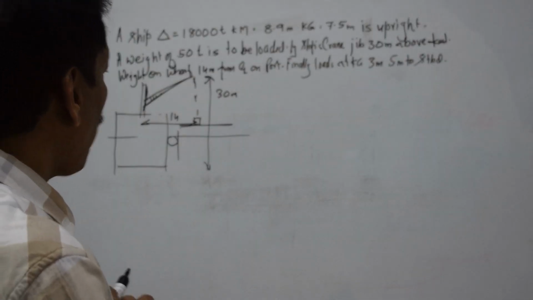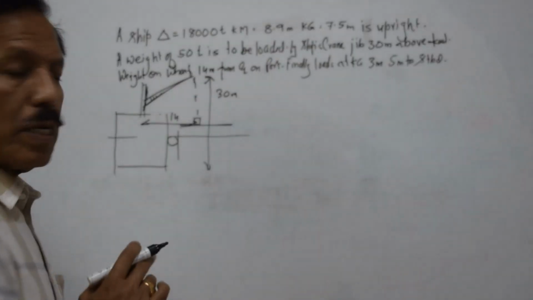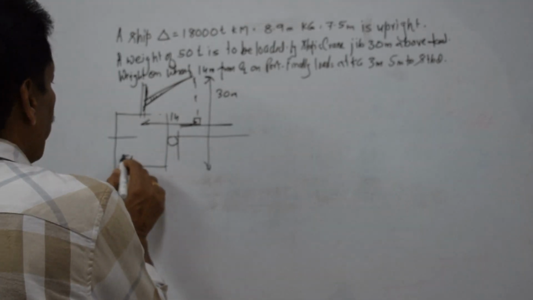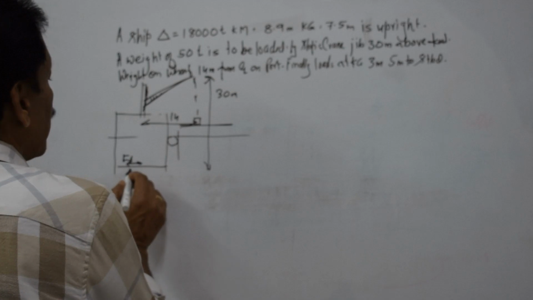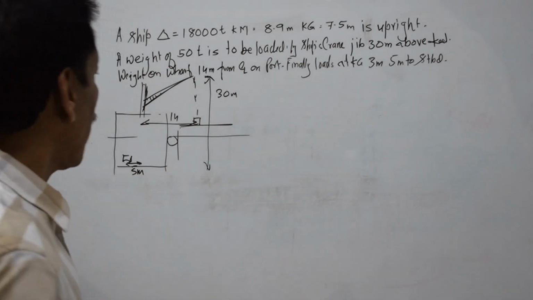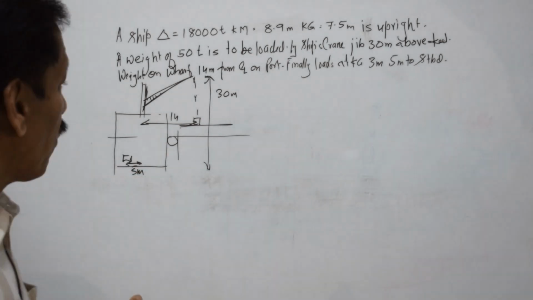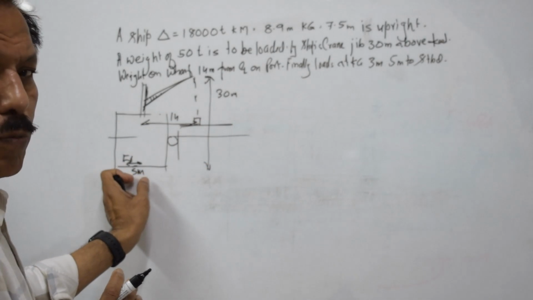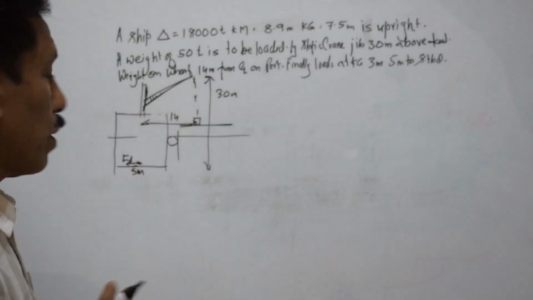During the loading operation, the final point of loading would be probably over here, and this is something like 5 meters on the starboard side. So we are seeing the ship from the front. This is 14 meters to the port, and the final loading point is 5 meters to the starboard.